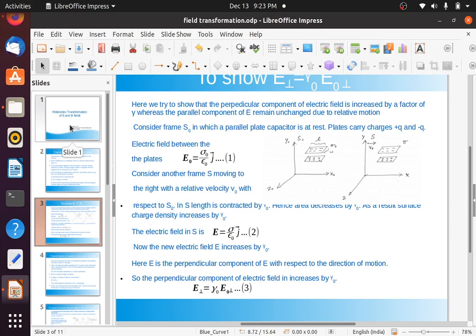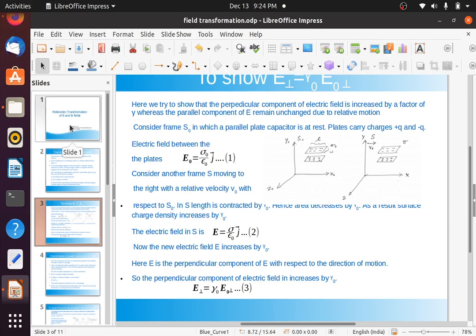The capacitor plates are moving along the minus x direction, so there is length contraction, because when there is movement in that direction, length gets contracted. But the width doesn't change, because the width is in a direction perpendicular to the direction of motion, so there is no change in the width.